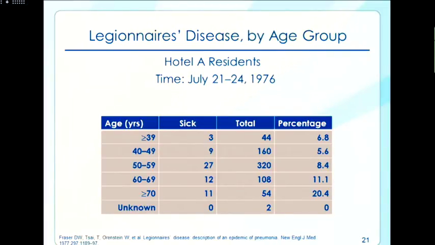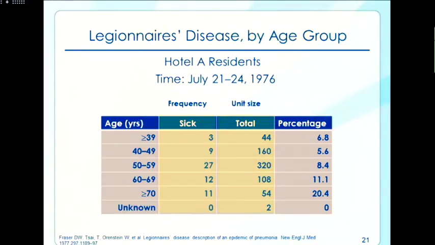The investigators wanted to find out if any trends existed by age group among hotel guests who became ill. So they looked at the different age groups, and that's shown in the rows of this table. In the first column, you have the disease frequency, or the number of conventioneers that became sick by age group.